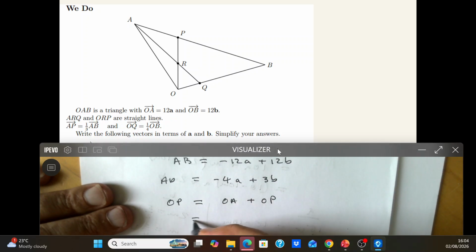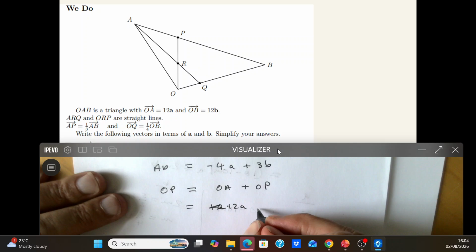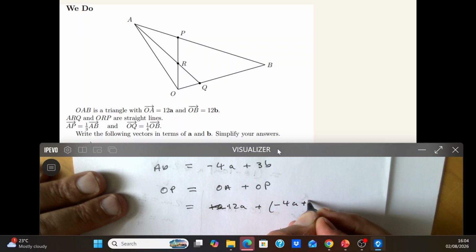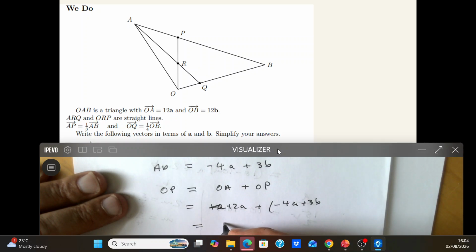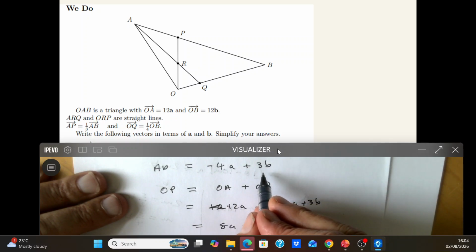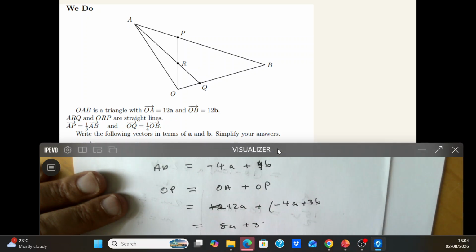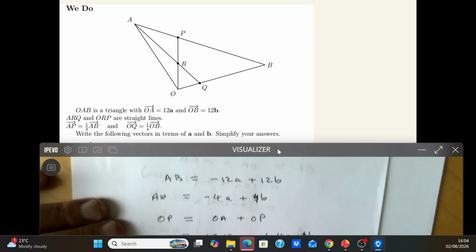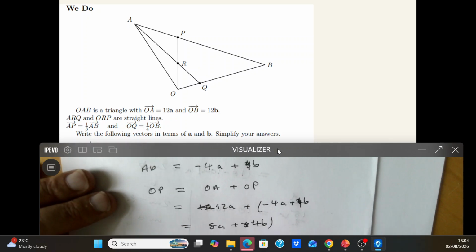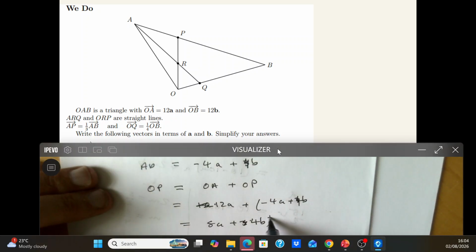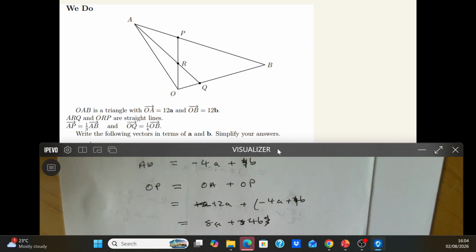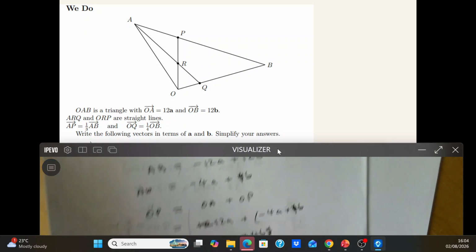So let's put them in. So that should have been a 4. I copied it down from the line above when I was looking up, not thinking, so be careful. 12a plus 4b. Right, so I've got that.